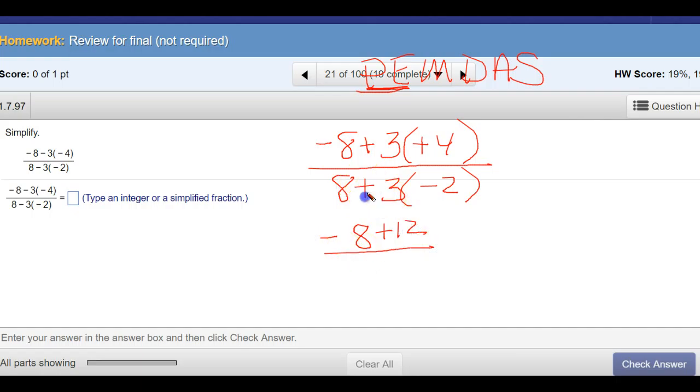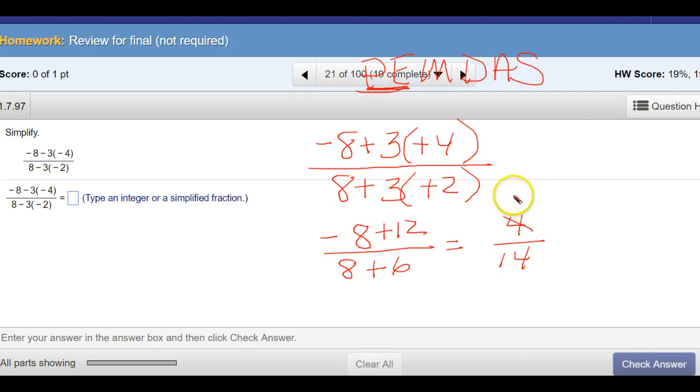And there, same thing here. Positive, a negative times a negative gives you a positive. So this is going to be 8 plus 6. So this will then become a 4. And this will become a 14. And now you want to simplify.